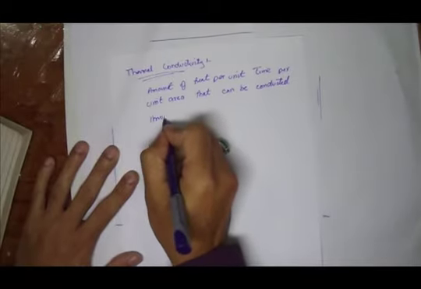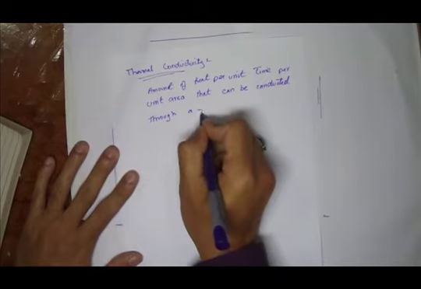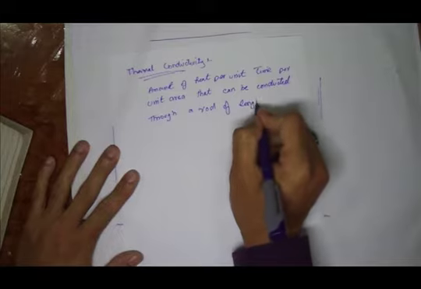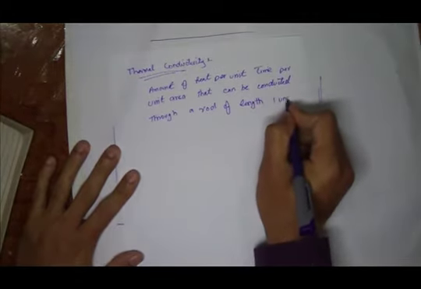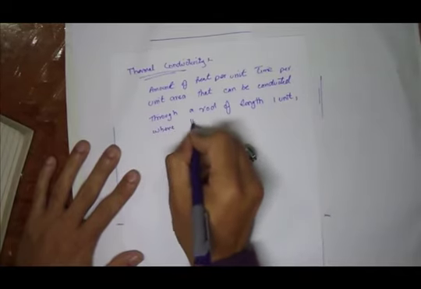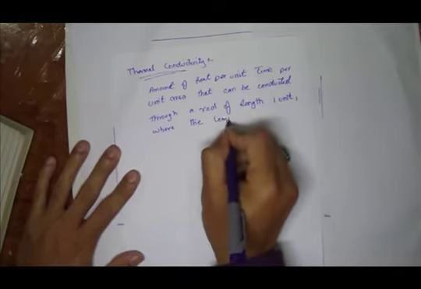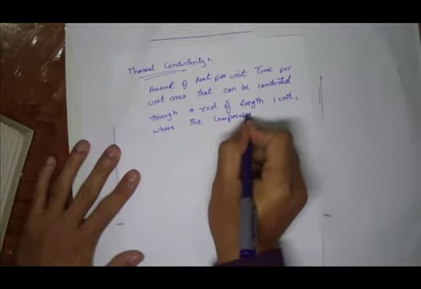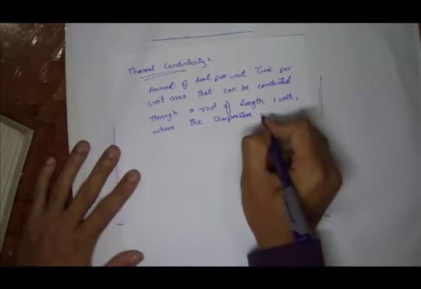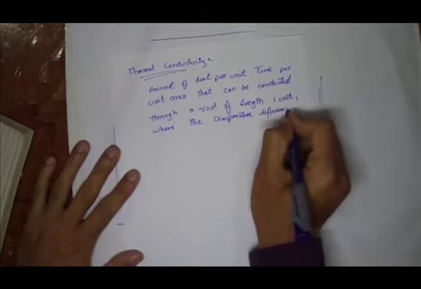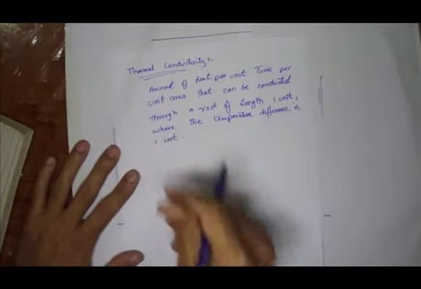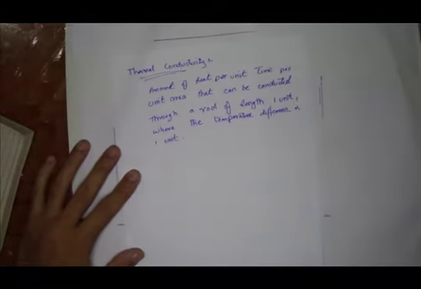through a rod of length 1 unit where the temperature difference is 1 unit, 1 degree.